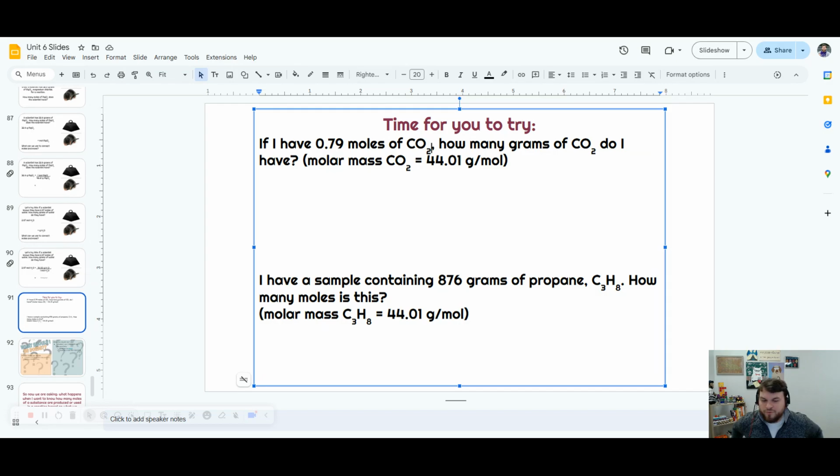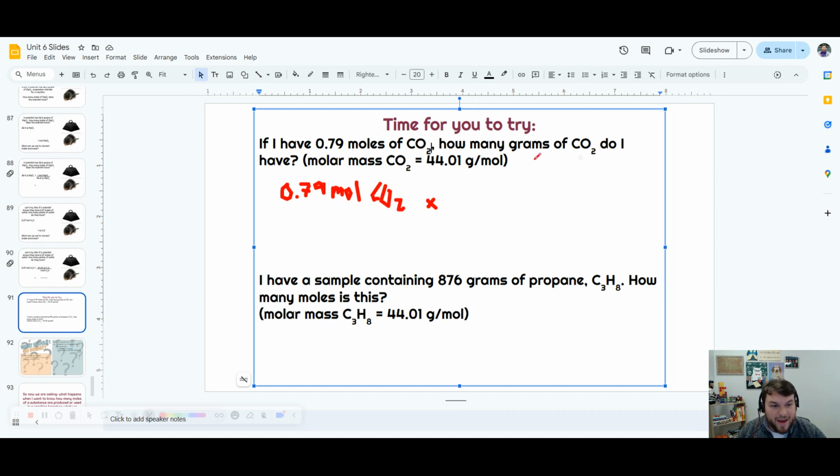Okay, hopefully you had a chance to answer that, and now we're going to go ahead and solve this, okay? When I set up these problems, I always start with what I'm given. So I have 0.79 moles of CO2. Now I'm going to be multiplying this by the molar mass.